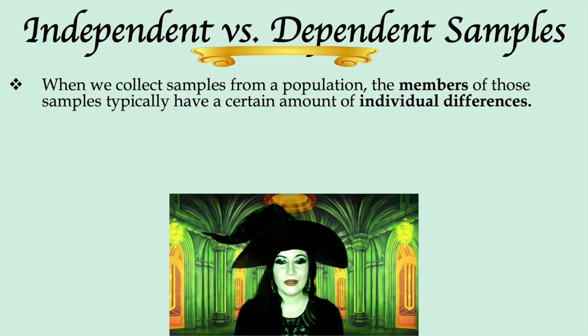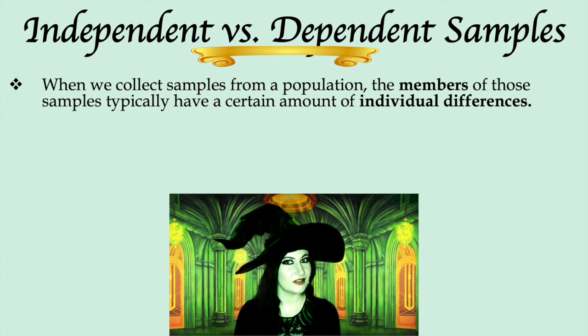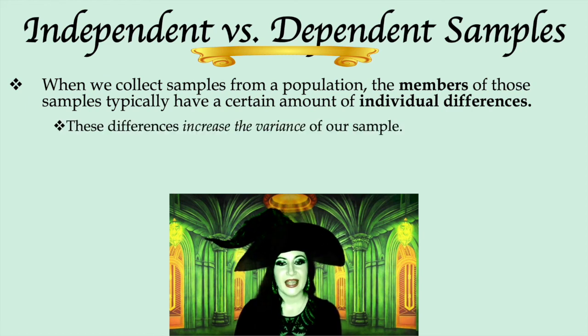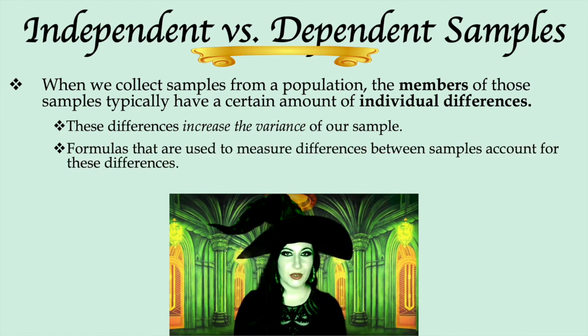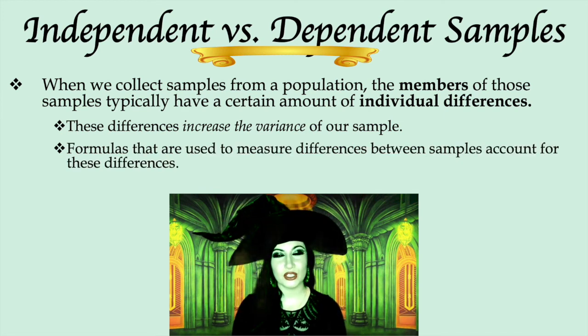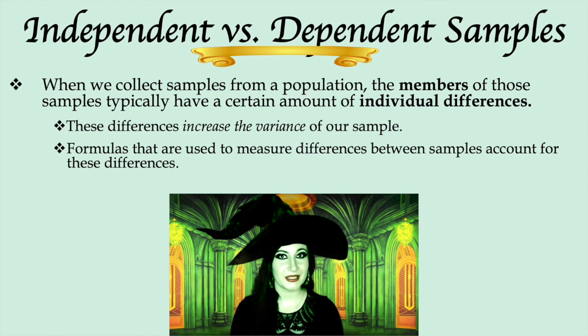So remember, when we collect samples from a population, the members of those samples typically have a certain amount of individual differences. And these differences increase the variance of our sample. If you think back to our discussion on measures of dispersion, you will remember that variance refers to how far the data points in our distribution differ from each other.